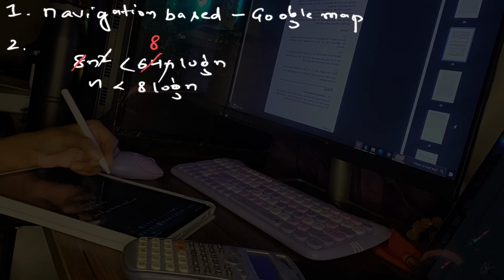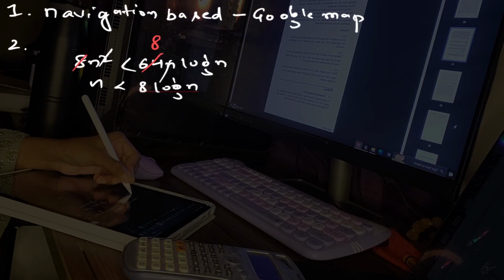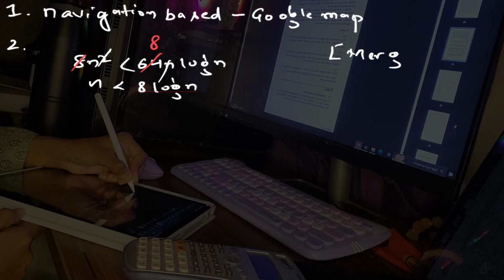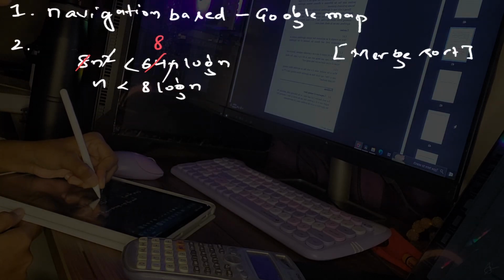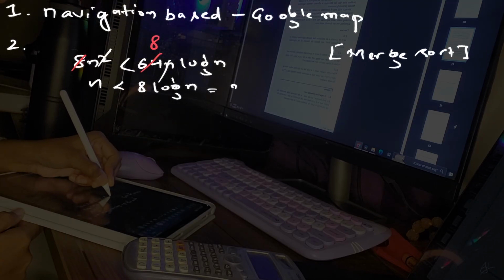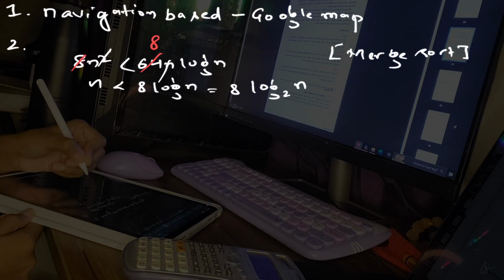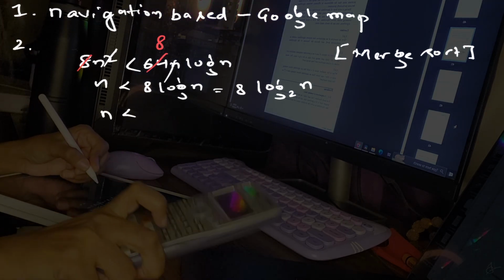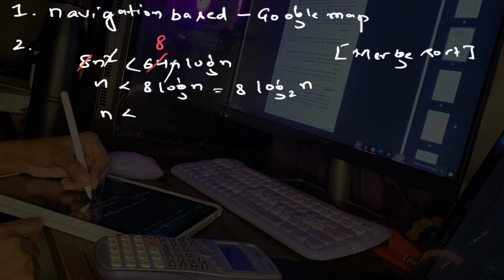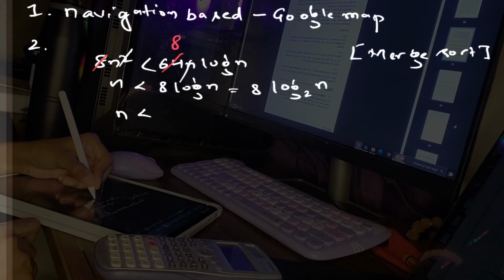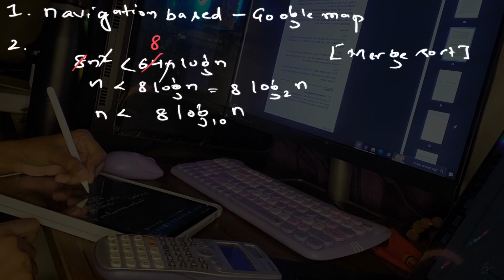Okay, since it is the merge sort algorithm, this is nothing but 8 log base 2 of n, and to calculate that in my calculator, I can have, because in this we only have base 10, right?